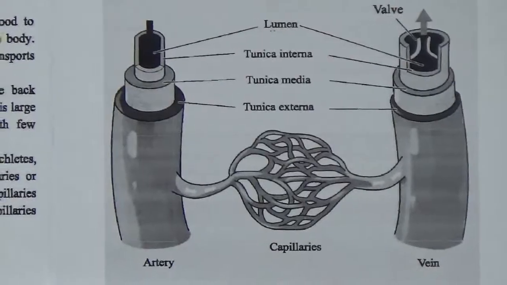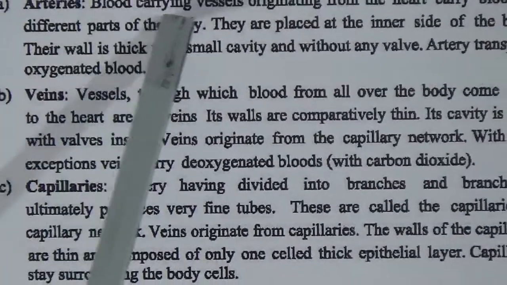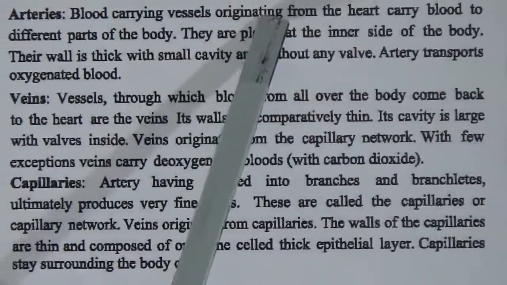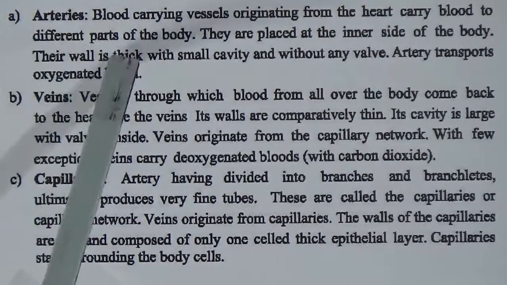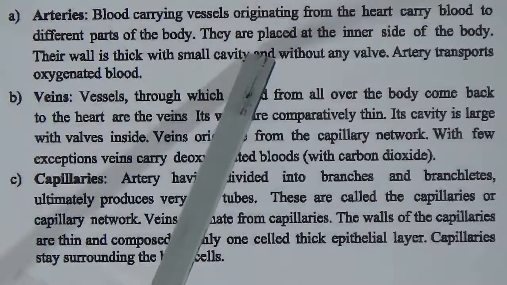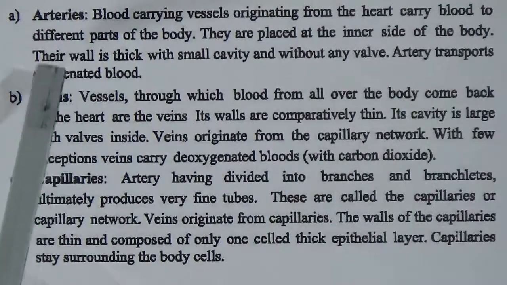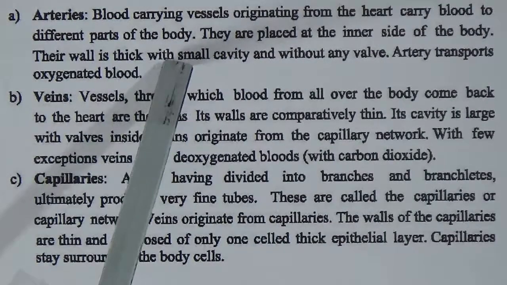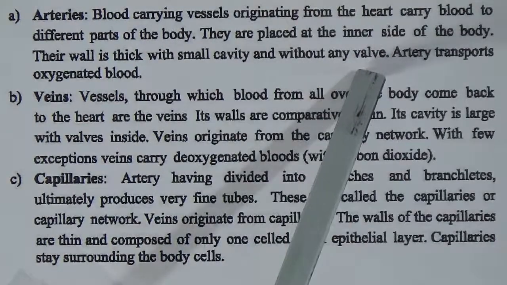Now we will read details. Arteries, blood carrying vessels originating from the heart, carry blood to different parts of the body. They are placed at the inner side of the body. Their wall is thick with small cavity and without any valve.